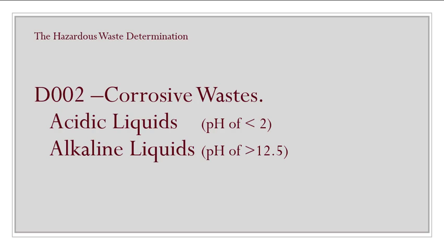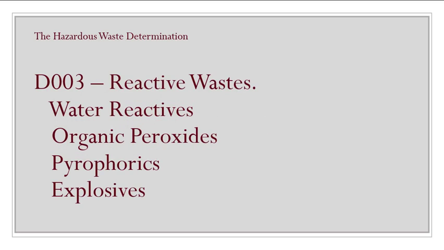They get the D002 waste code. D003 are for reactive wastes, and there's a whole range of different types of reactive wastes out there. So you've got water reactives, organic peroxides, pyrophorics, which are fun because those are chemicals that automatically, spontaneously burst into flames when they come into contact with air. And of course, explosives, those are also pretty reactive.